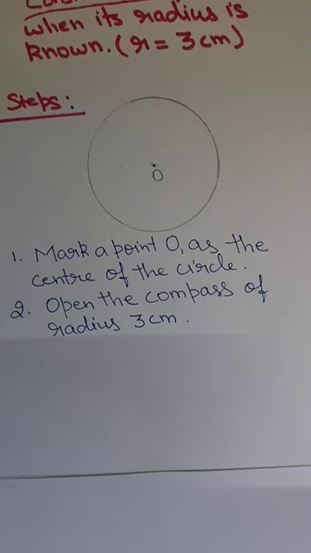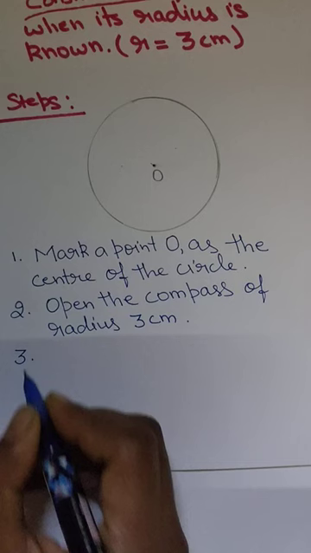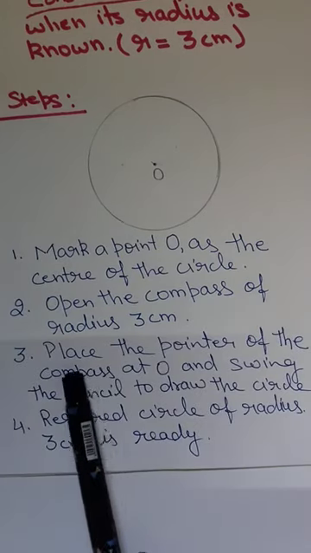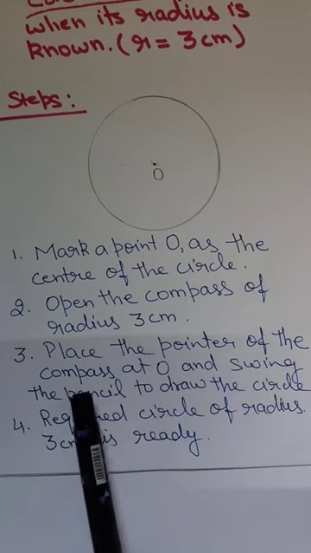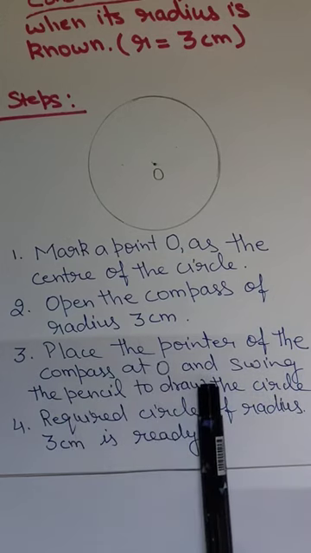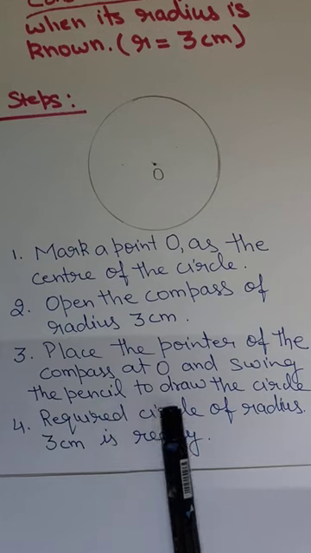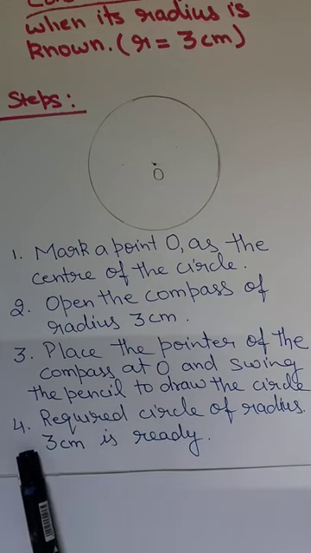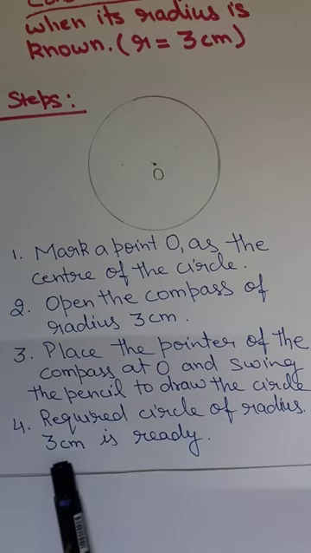Now after that, you have to place the pointer of the compass at O and then you have to swing your pencil to draw the circle. So your third step is: place the pointer of the compass at O and swing the pencil to draw the circle. Fourth step, required circle of radius 3 cm is ready.